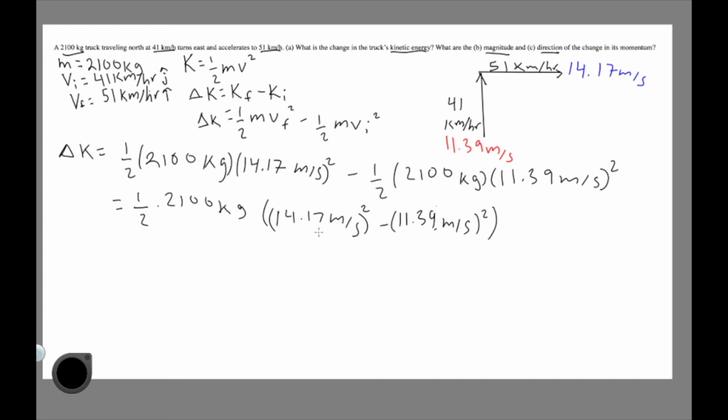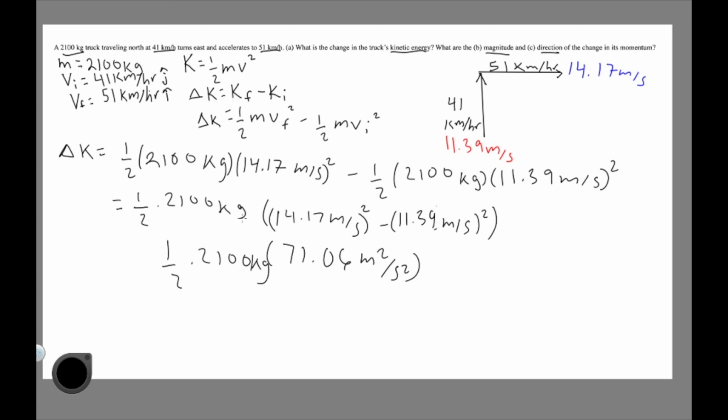If we do the math in here, we get about 71.6 meters squared per second squared, times 1/2 times 2,100 kilograms.